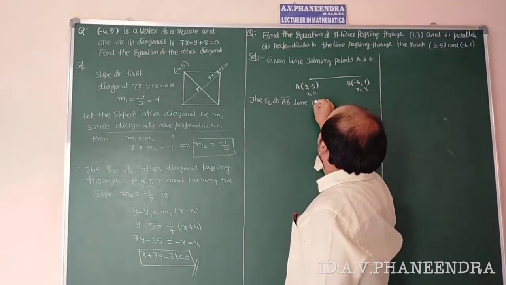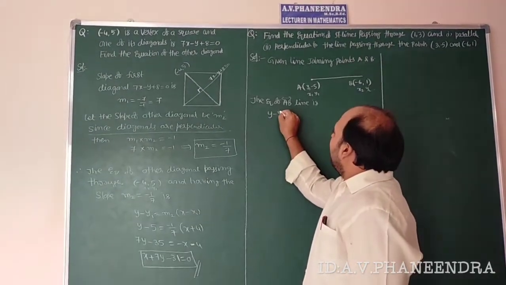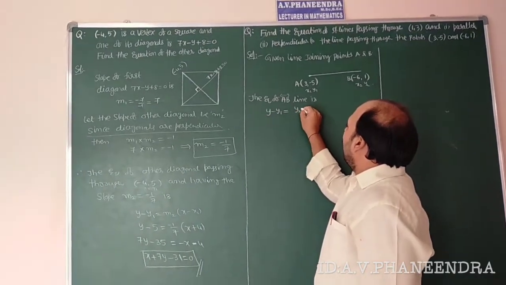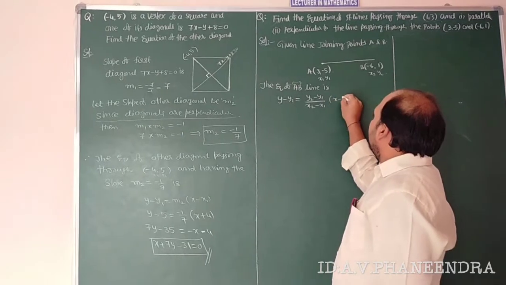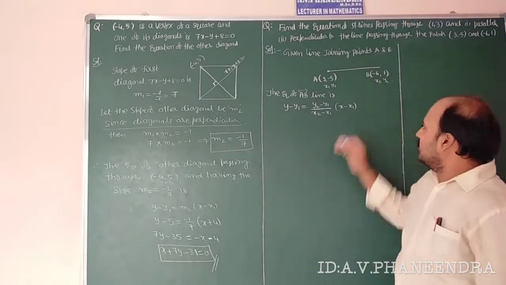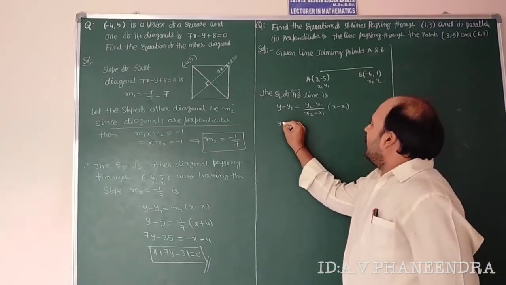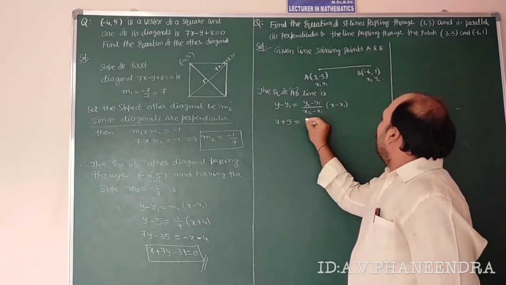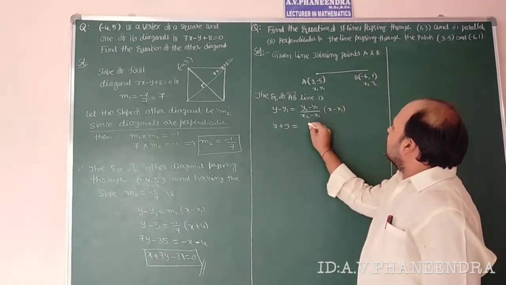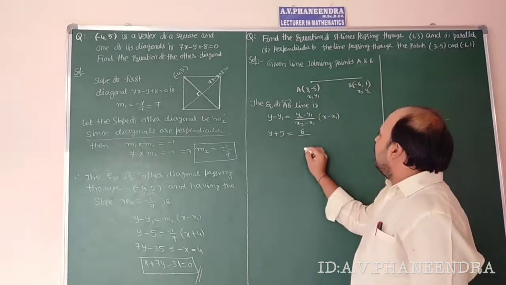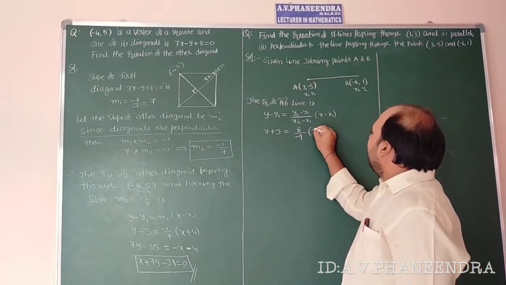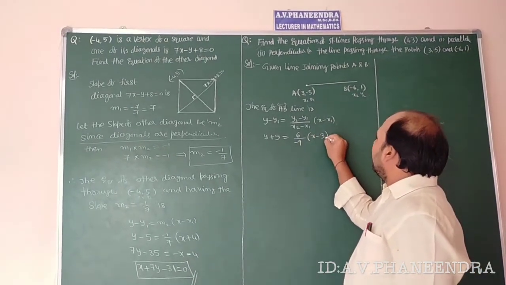is, by the right formula, y minus y1 equal to y2 minus y1 by x2 minus x1 into x minus x1. Substitute these values: y minus of minus 5 equal to 1 minus of minus 5, that is 1 plus 5, 6, by minus 6 minus 3, minus 9, into x minus 3.